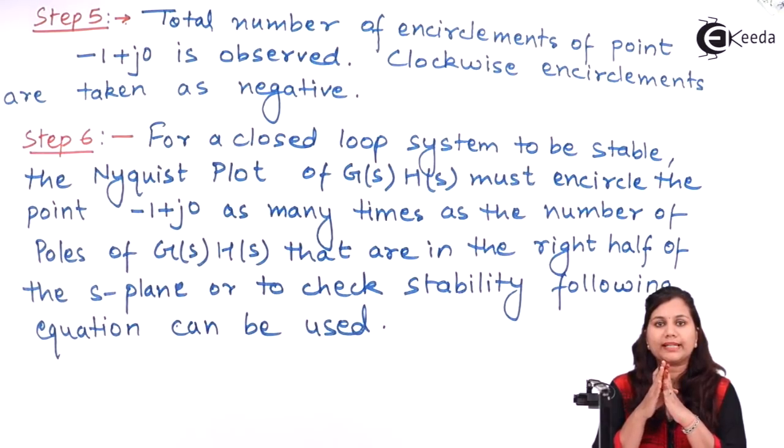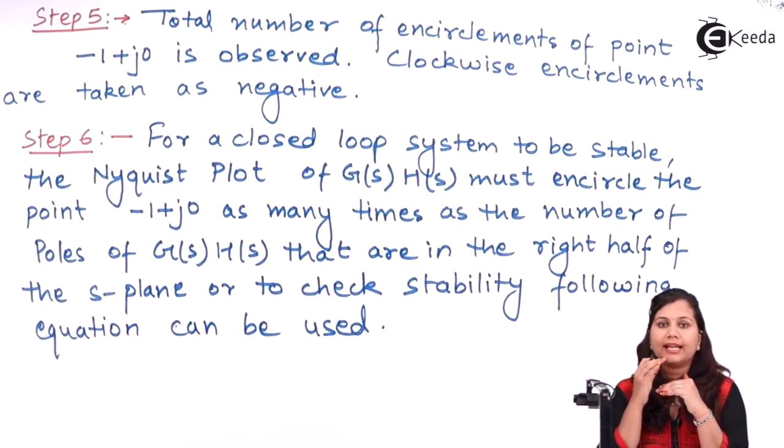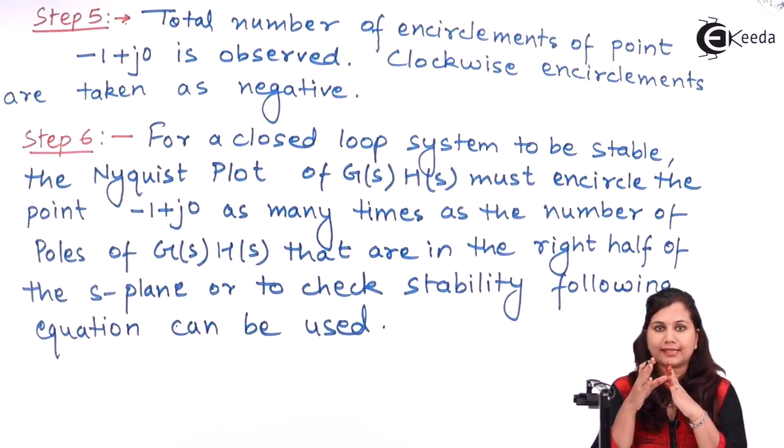Because if the poles are lying on the right hand side, that means the system is unstable.